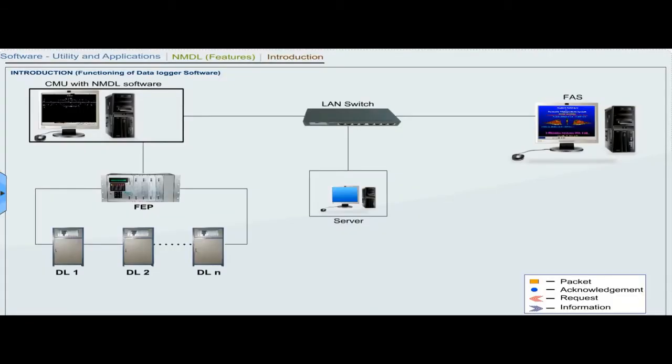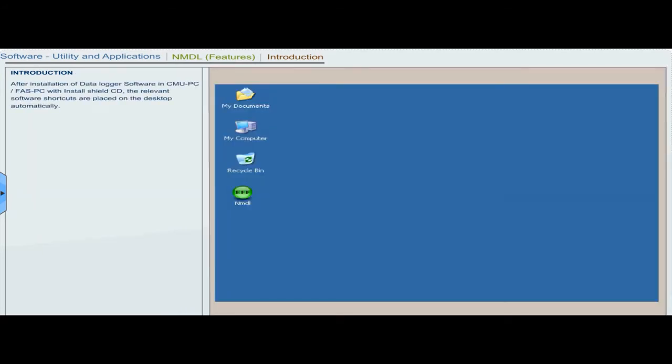Introduction. Functioning of data logger software. After installation of data logger software in the CMU PC and FAS PC with the install shield CD, the relevant software shortcuts are placed on the desktop automatically.